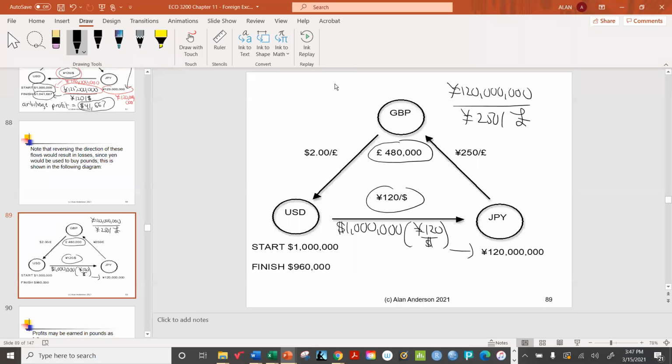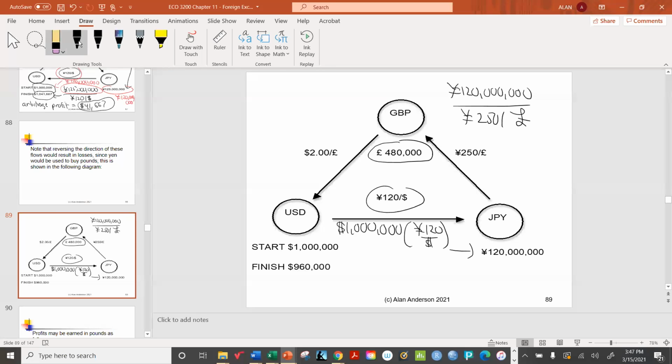Of course we are, because now look what happens. If I take my 480,000 pounds and divide them by $2 per pound, I'm only going to wind up with, oh, sorry, my mistake. This is multiplied. Of course it is. Let me do that all over again.